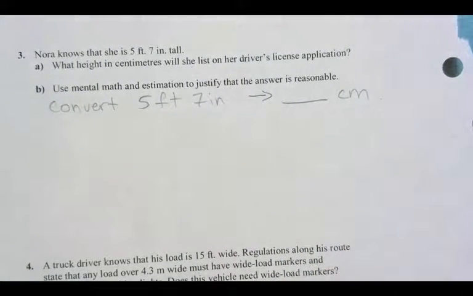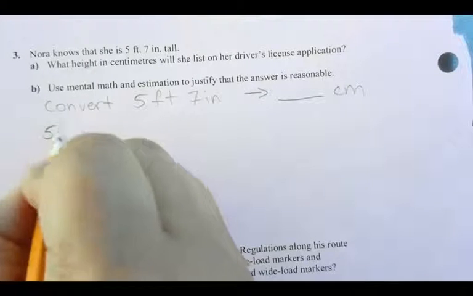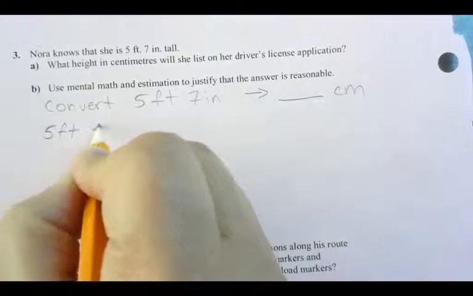centimeters. So there's a couple of ways that you could approach this. You could convert everything to inches first and then convert that to centimeters. Or you could just use the 5 feet and convert that to centimeters. So you've got 5 feet. How many centimeters is that?